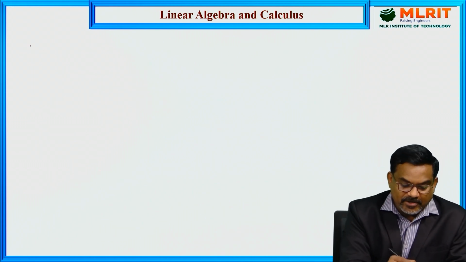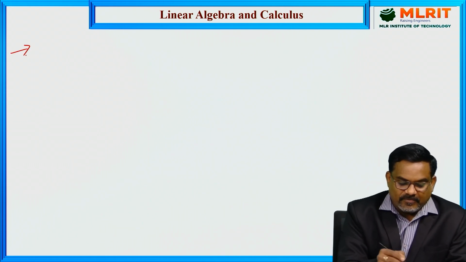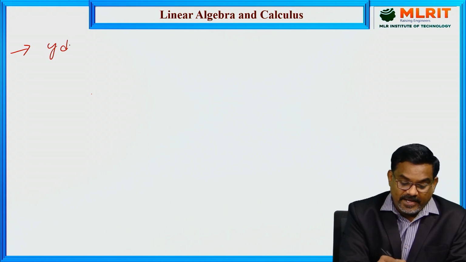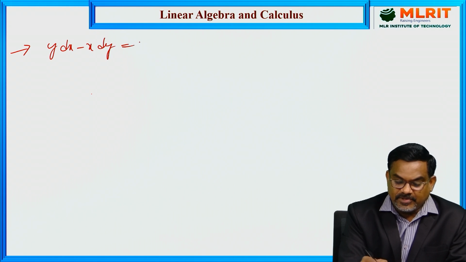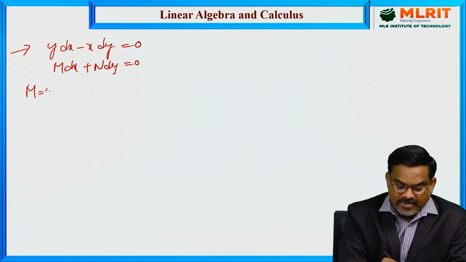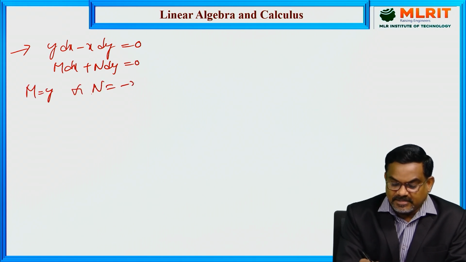Now let us consider another example: y dx minus x dy equal to 0. This is in the form of m dx plus n dy equal to 0, where m is y and n is minus x.